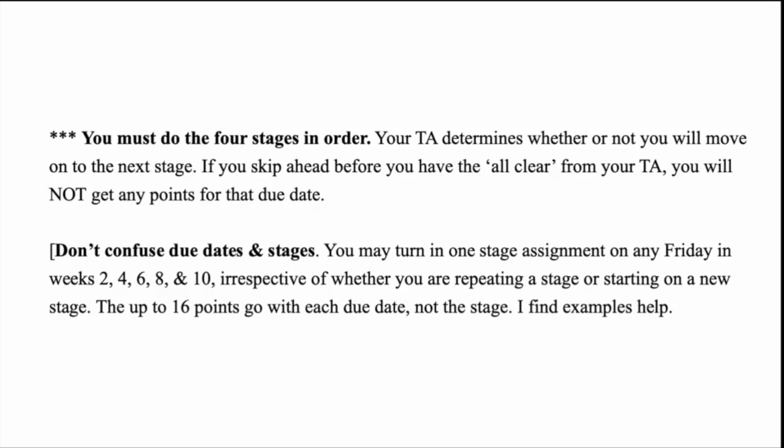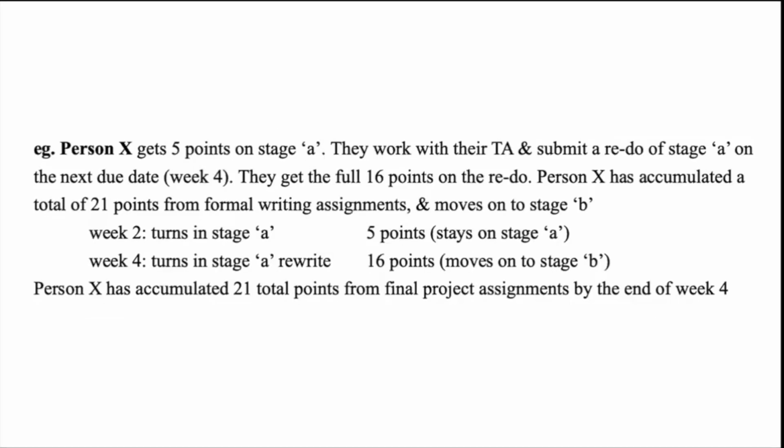I find examples usually help. So let's say person X gets 5 points on stage A. They have to repeat it. They work with their TA and submit a redo of stage A on the next due date, which would be on week 4. They get the full 16 points on the redo.